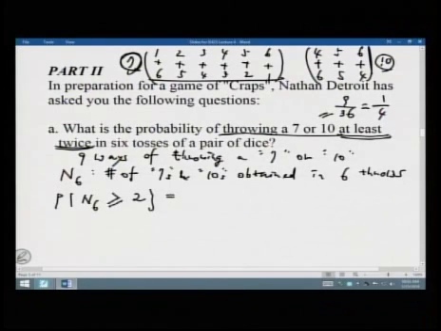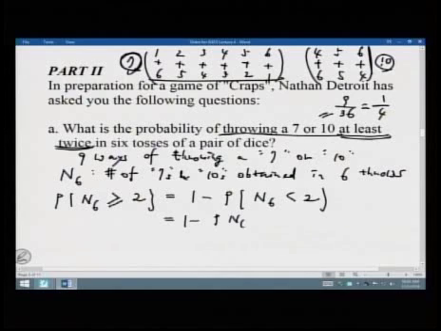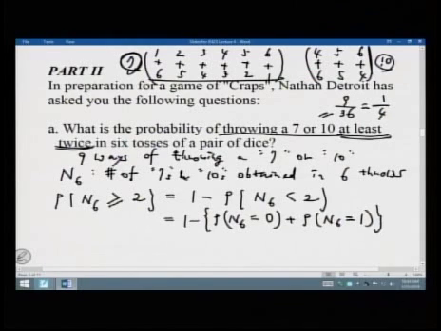Earlier Mahmoud suggested we go the other way, which would be better: N sub 6 is less than 2. So that's going to be 1 minus the probability of N sub 6 equal to 0 plus N sub 6 equal to 1.